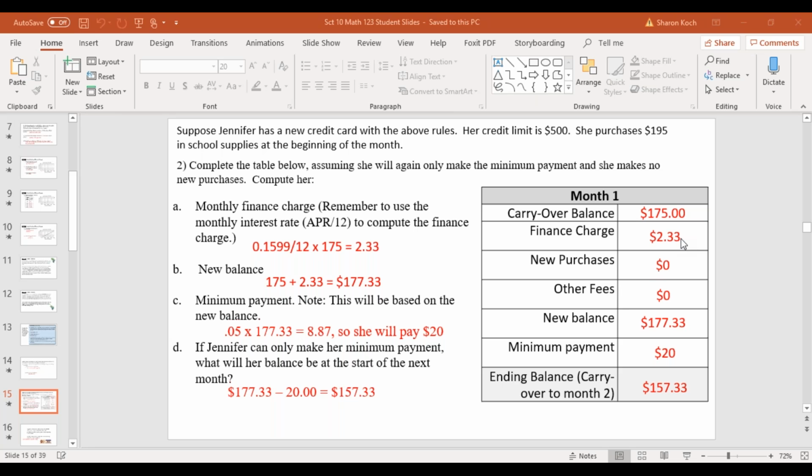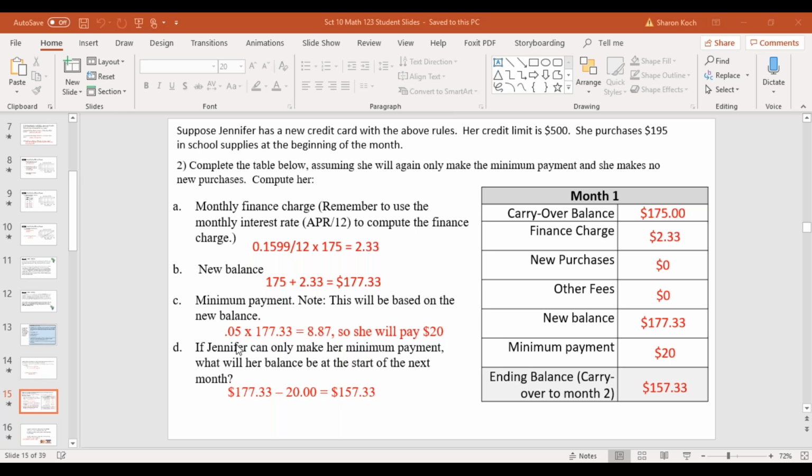So what would her finance charge be? Remember, APR divided by 12, then times 175. So $2.33. Remember, she didn't make any new purchases, so there are no additional fees because she made her payment of $20 on time. So her new balance now is $177.33.